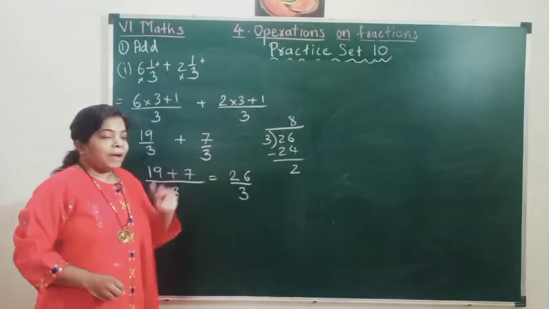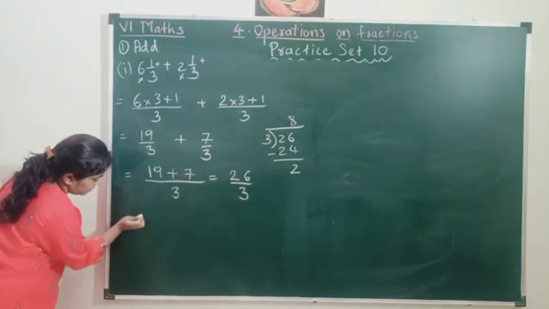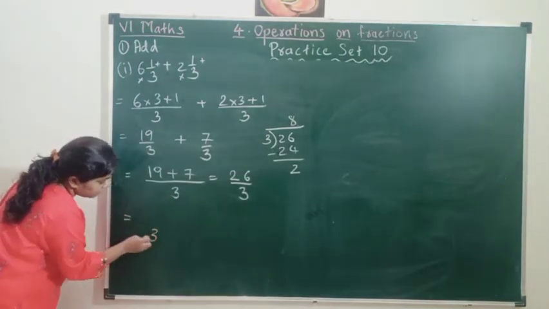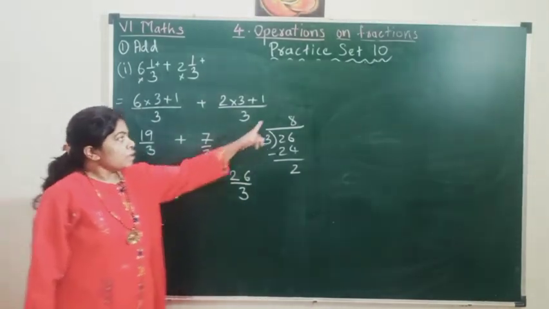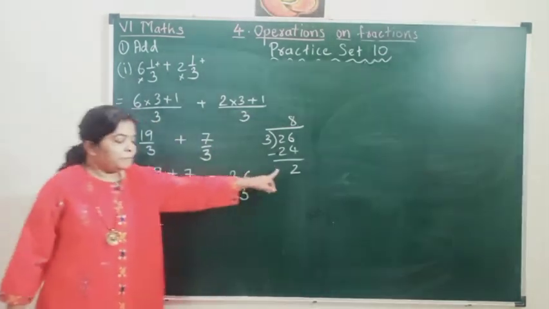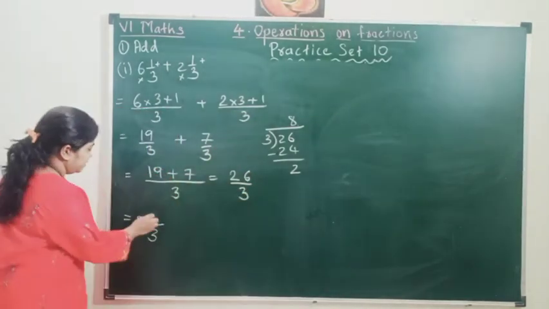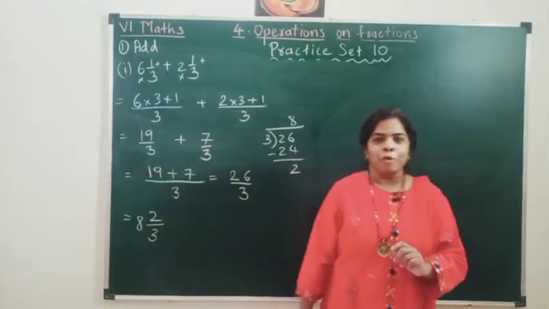So the same answer in the mixed fraction form. 3 is the denominator, quotient and remainder. So that's your answer in mixed fraction form.